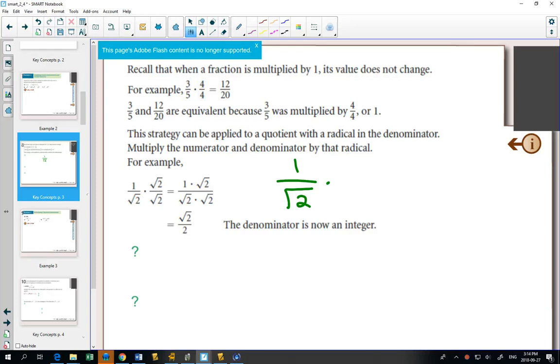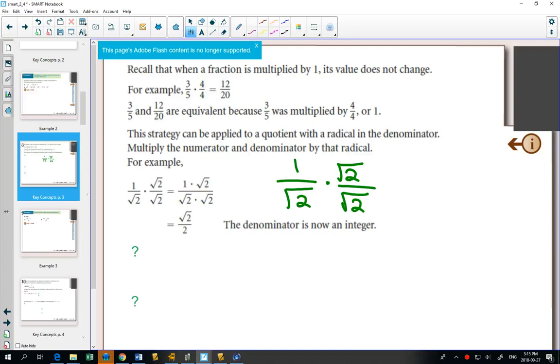So I asked myself, what could I multiply square root of 2 by to get rid of the square root? The only thing that would work nicely is another square root of 2. But if I multiply the bottom of the fraction by square root of 2, that changes the value of that fraction. But if I also multiply the top by the square root of 2, technically what I'm multiplying by is 1.